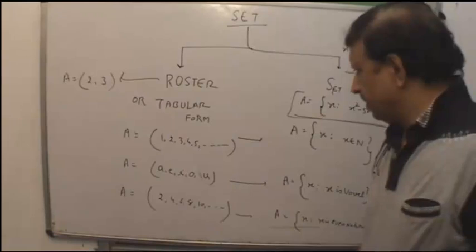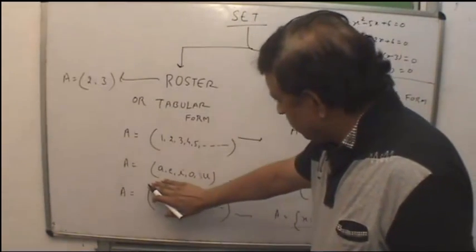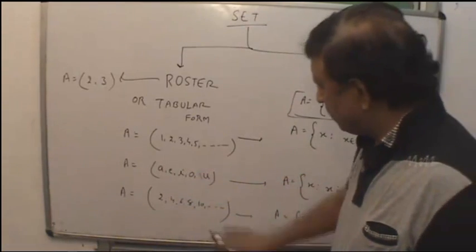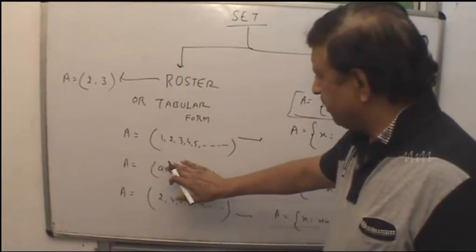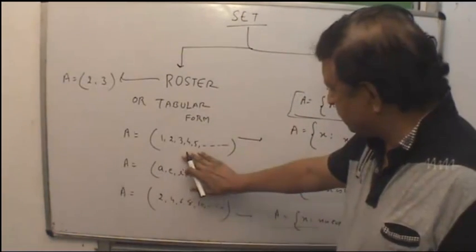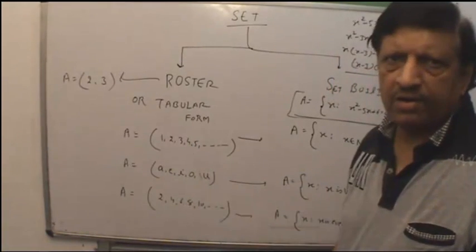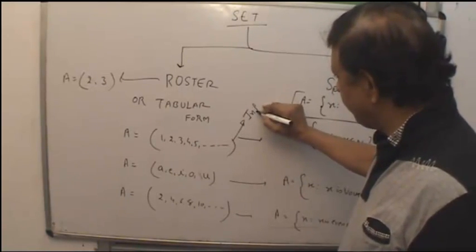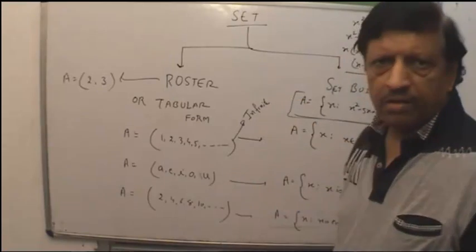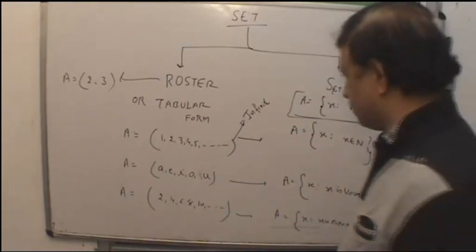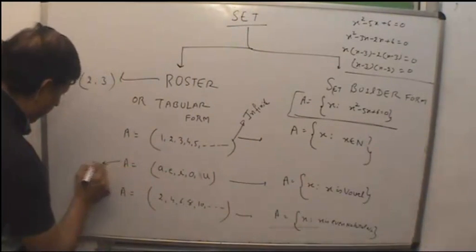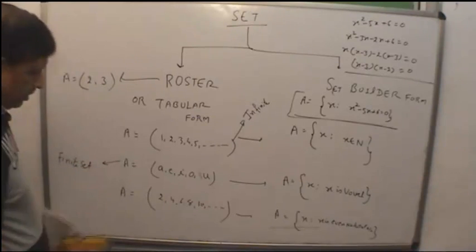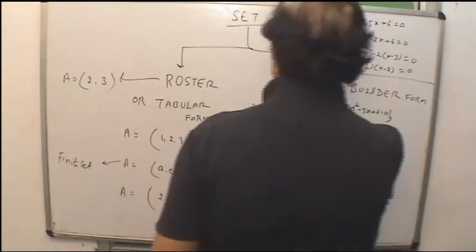Now, secondly, we see that these objects, elements or members, cannot be counted in this case: 1, 2, 3, 4, 5 and so on. Such sets are called infinite. And the sets in which we can count the members are finite sets. Let us see how we represent a finite set.